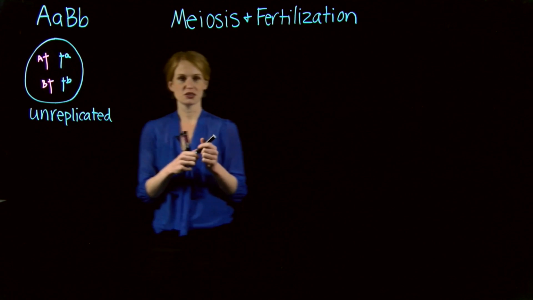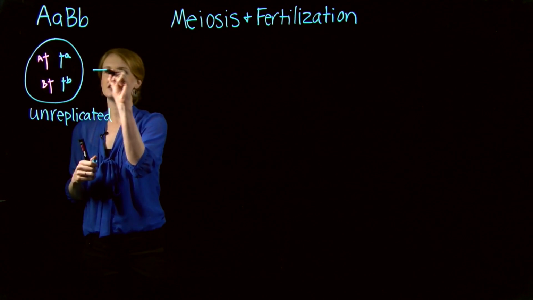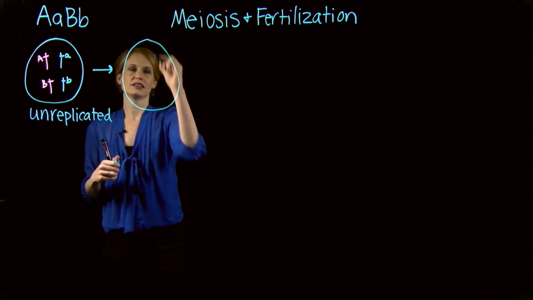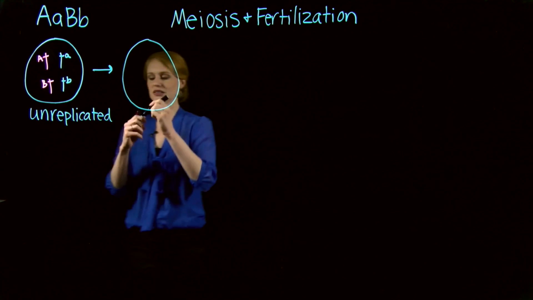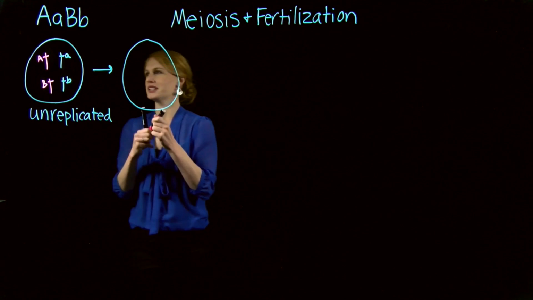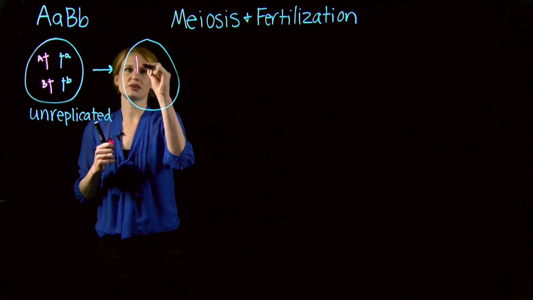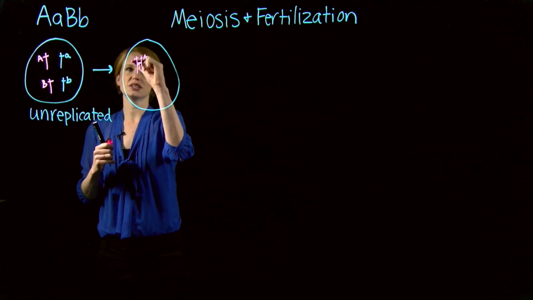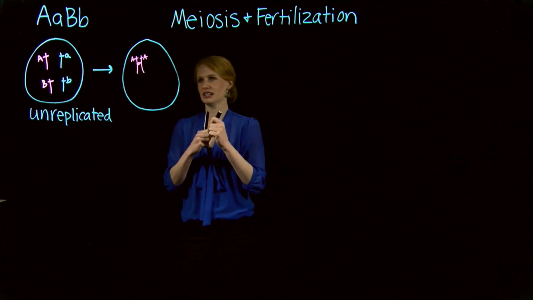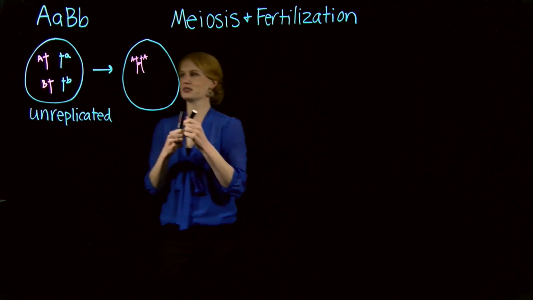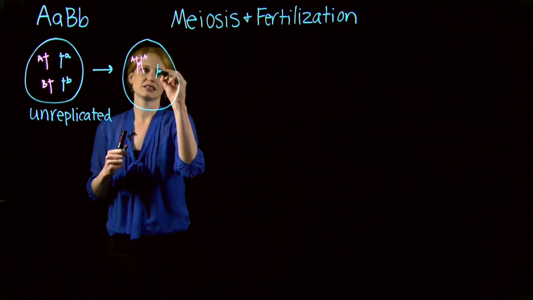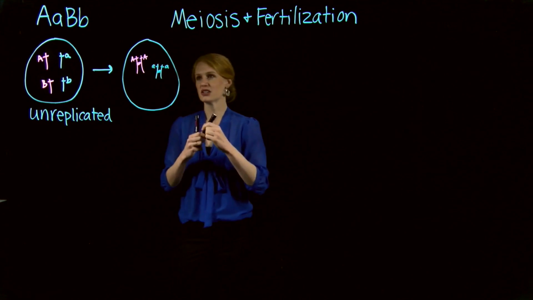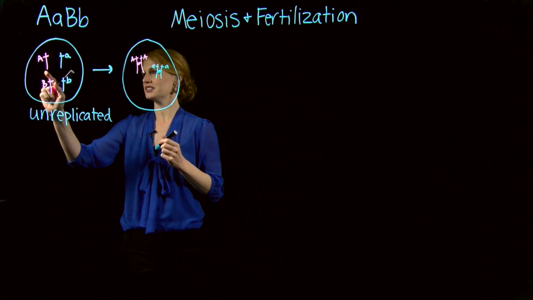Now what happens before meiosis begins is that these chromosomes replicate. And as you saw in the previous video, semi-conservative replication occurs. Each DNA strand is used as a template to make new. So what you end up with is two identical sister chromatids held together at the centromere. So all I'm doing here is copying each of these.